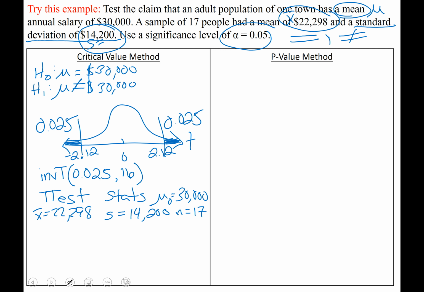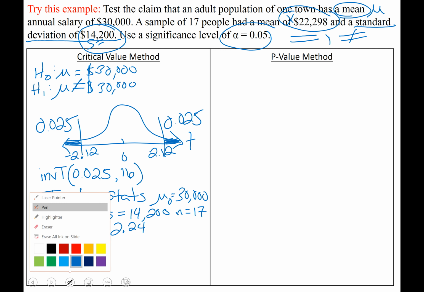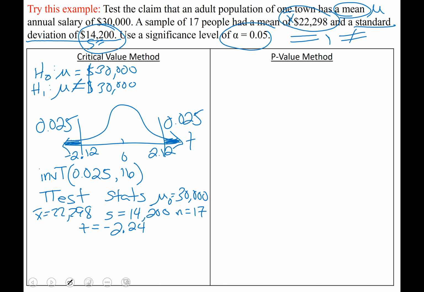Okay, for the critical value method, what we are interested in is the test statistic as the output: t equals negative 2.24, approximated to 2 decimal places. I'm just going to switch colors so that you can see what I'm doing here. I'm going to put the negative 2.24 on the graph.